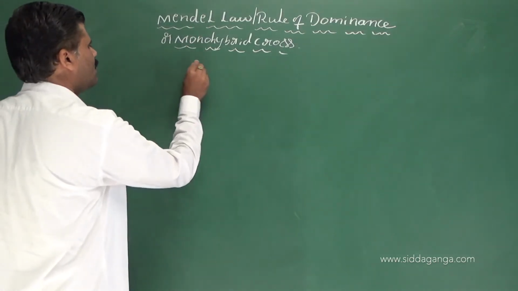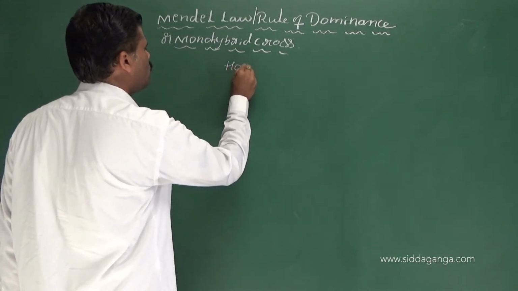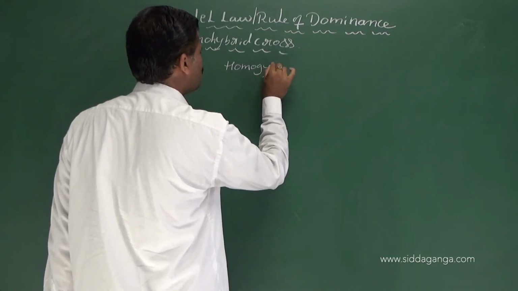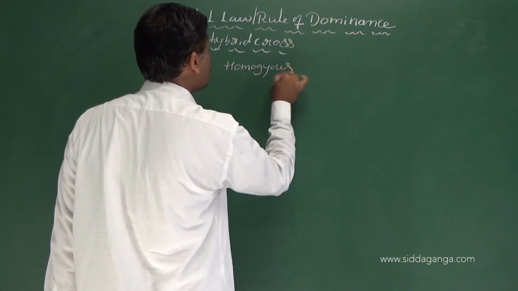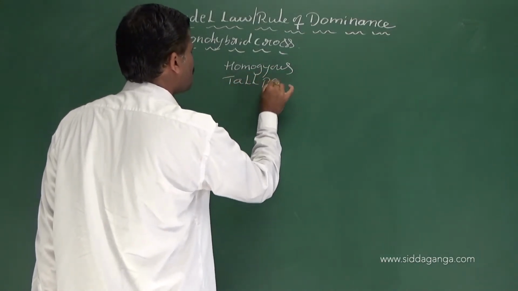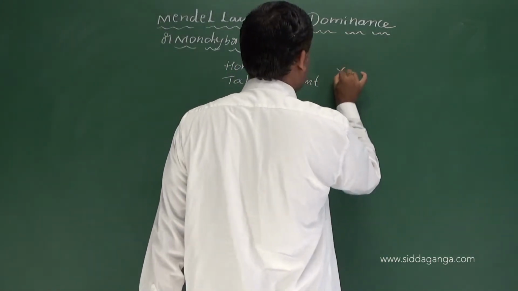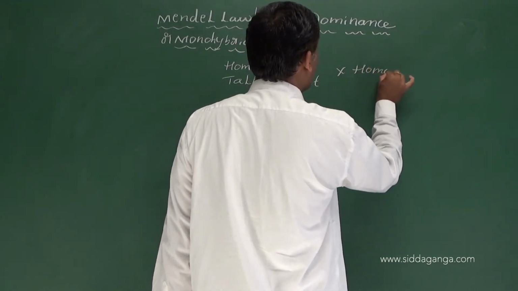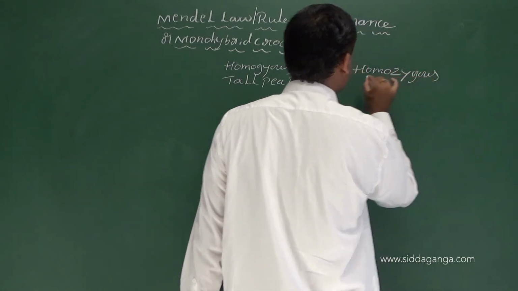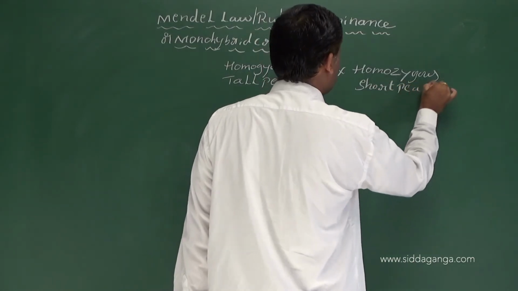Mendel taken two pea plants, that is two parental pea plants, homozygous tall pea plant and homozygous short pea plant.